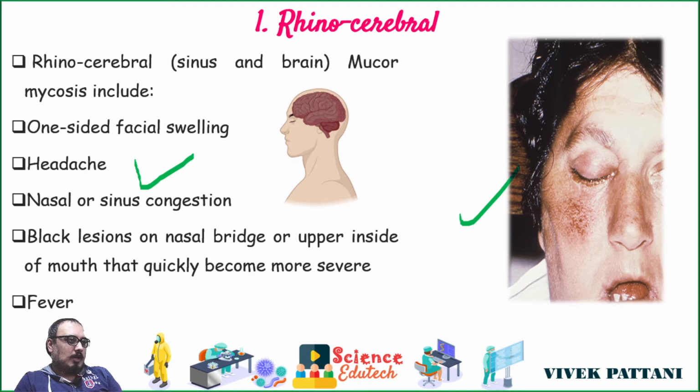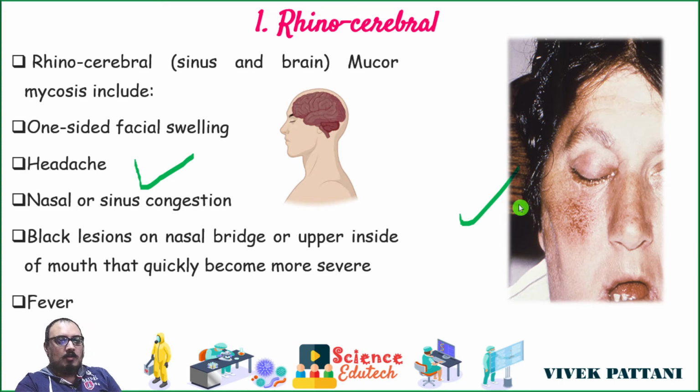Two types, rhinocerebral and pulmonary mucormycosis, are among the common forms found after COVID-19 recovery, and both are also found in diabetic patients.